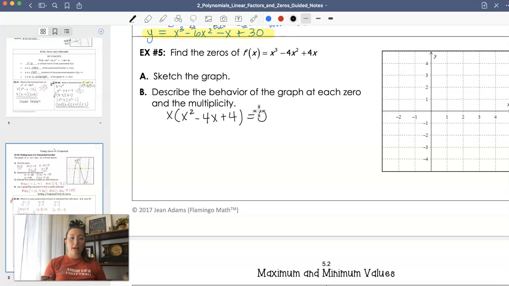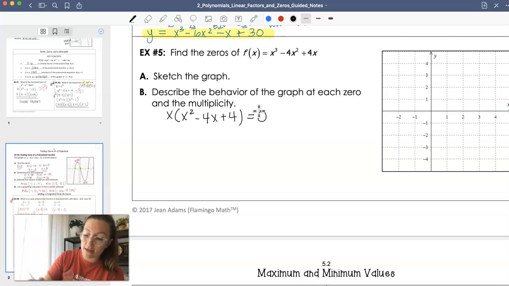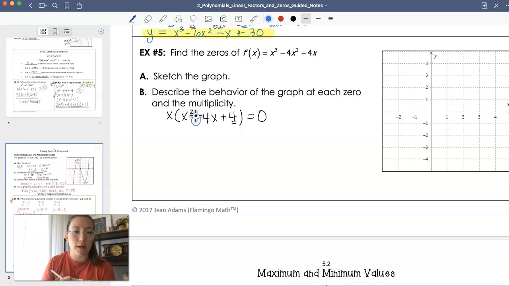Hopefully you realize that this is a perfect square trinomial. With a perfect square trinomial, we know it's going to factor to the square root, which is 2, and it will take the sign of the middle term.